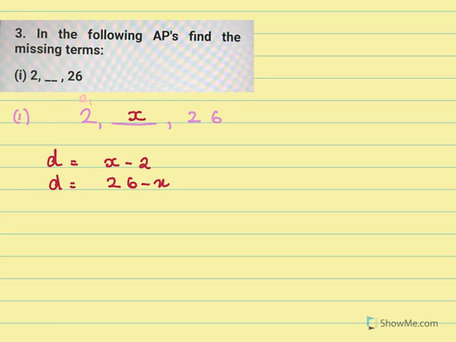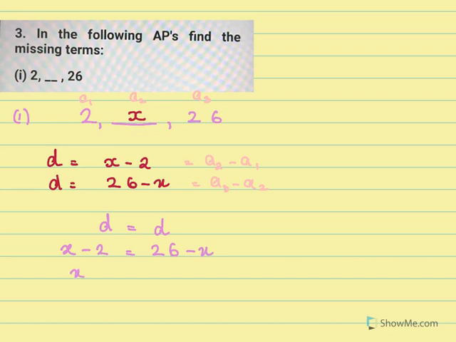Because this is our A1, this is A2, and this is A3. We know the difference in this case is A2 minus A1, and in the second case is A3 minus A2. And in an AP, the common difference always remains the same. So D equal to D. That means x minus 2 equal to 26 minus x.